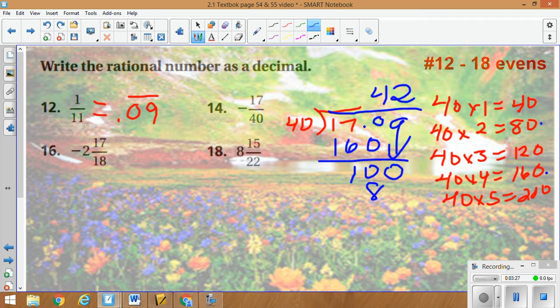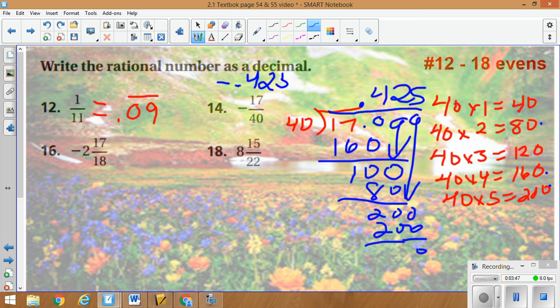That's 80. There's 20 left over. Add a 0 and bring down. 40 goes into 200 5 times. And we terminate, which means we end. This decimal doesn't keep repeating. So the solution to number 14 is negative 425 thousandths. Okay, I'm going to erase all this work to the right. Pause now if you need it.